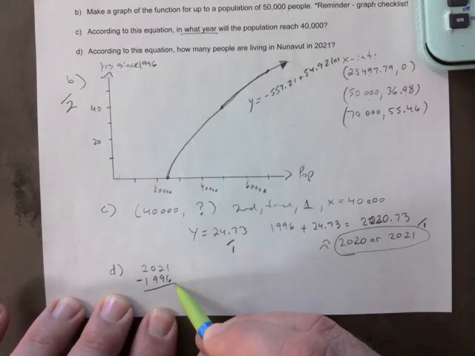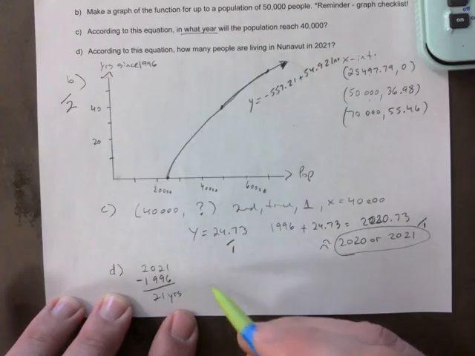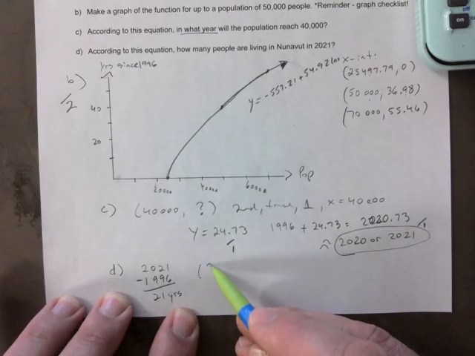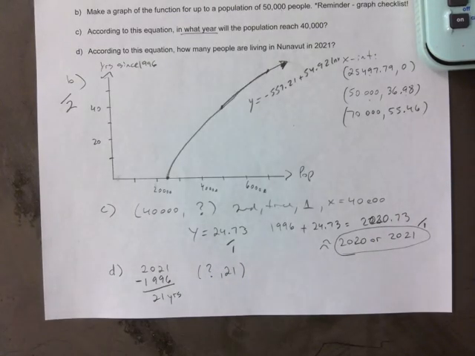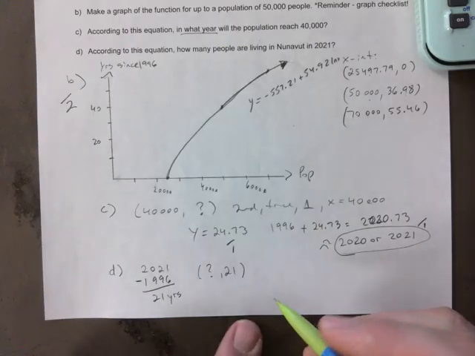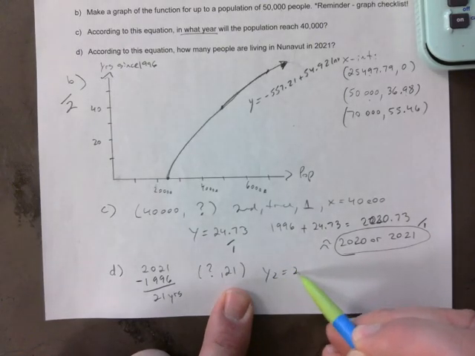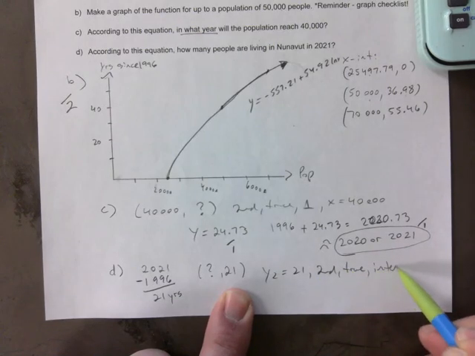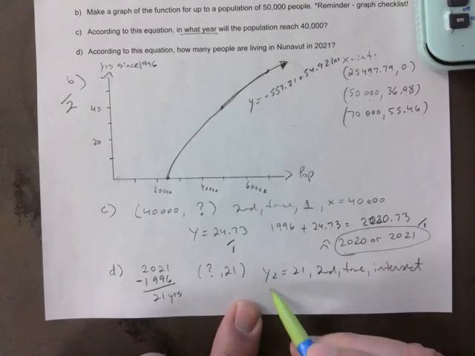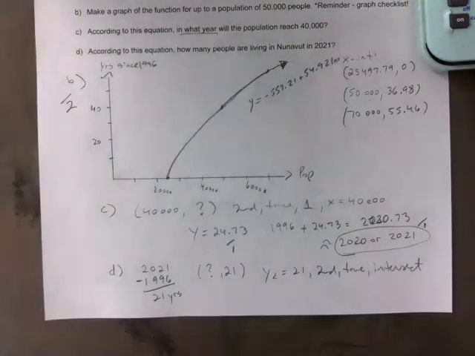So you subtract, and you find out that it's 21 years that have gone by. So in this case, they're asking, what's the population after 21 years? Right? 21 years having elapsed. So you go y2 is equal to 21, second trace, intersect, and you get, I'll do this.